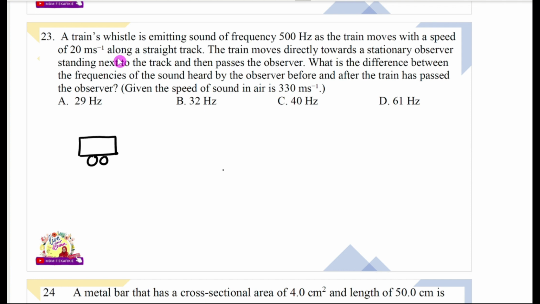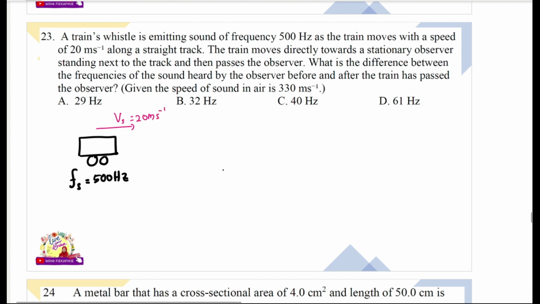Okay, and the frequency of the source produced by the train whistle is 500 Hz. And it is moving in this direction, v of the source. Okay, source tu dia lah mengeluarkan train tadi yang mengeluarkan bunyi. So 20 meter per second.